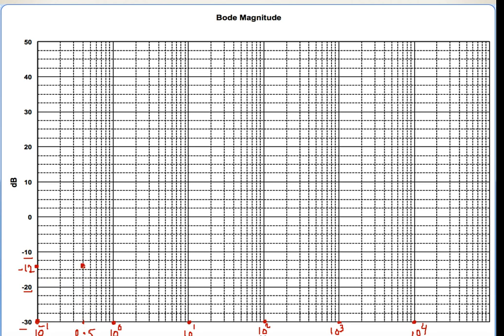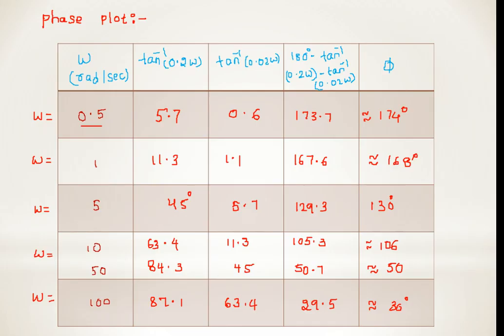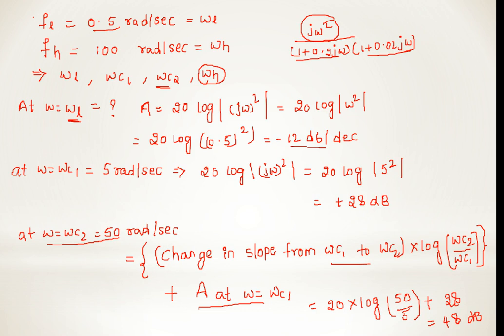Similarly, when omega equal to 5, so 5 is somewhere here. When omega equal to 5, what is the magnitude? When omega equal to 5, the magnitude is plus 28 decibels. Once again you recheck the calculations.